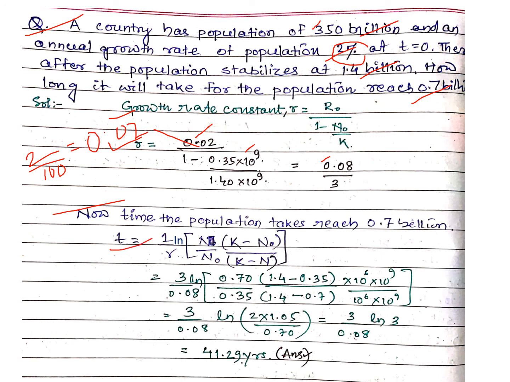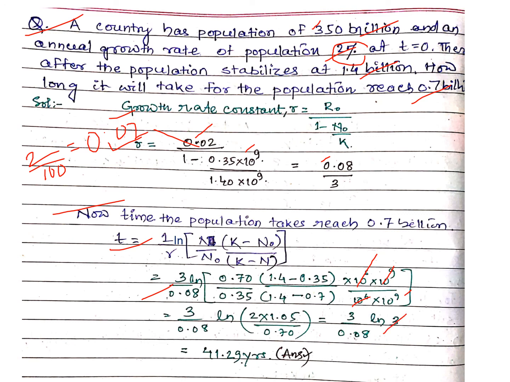So T equals 1 upon R, the growth rate constant, times ln of N upon N naught, times K minus N naught upon K minus N. Putting in the value of R, the growth rate constant, we get 3 upon 0.08 times ln of 0.70 upon 0.35, and all the powers of 10 will be cut out from here. Just we will get the answer, that is 3 upon 0.08 times ln 3.